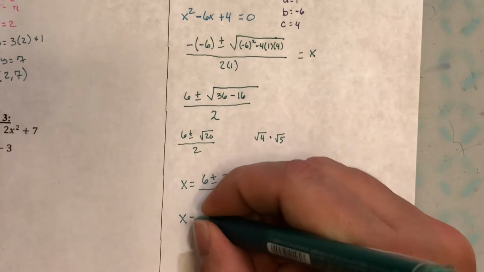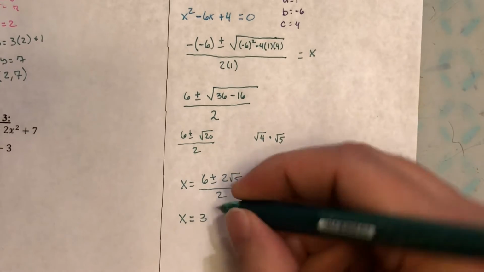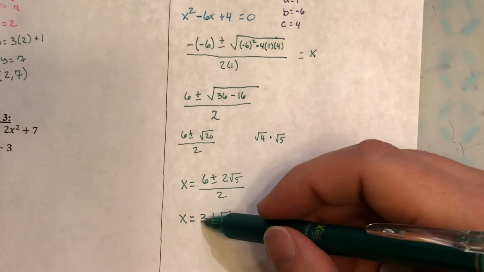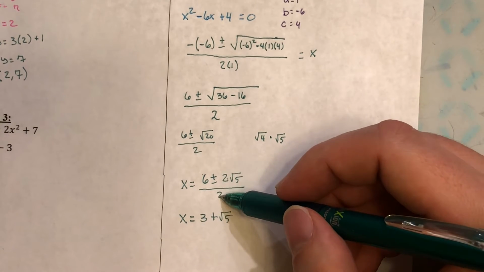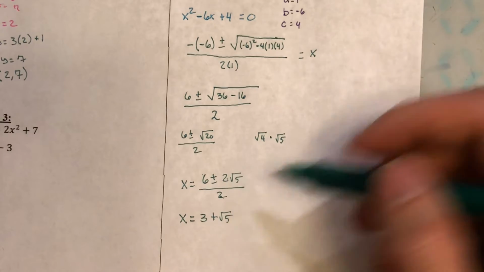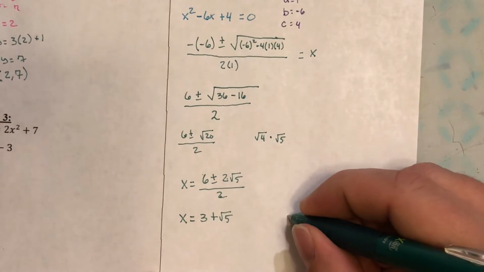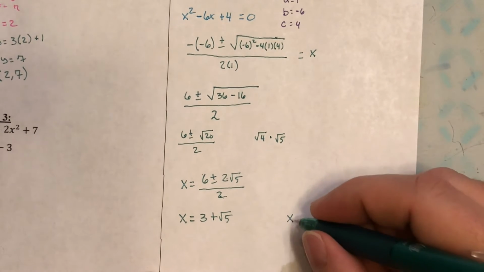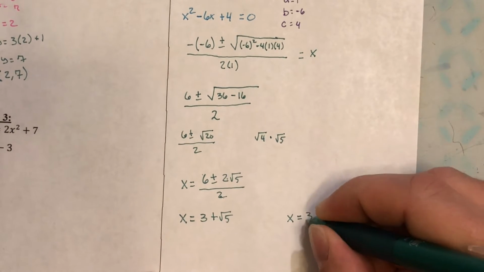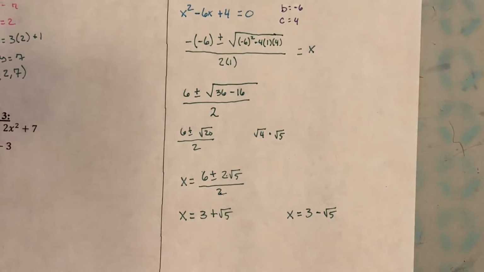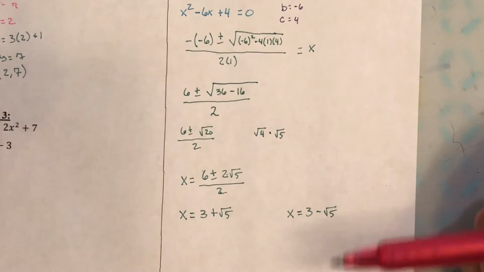So my two x's are going to be x equals 3 plus the square root of 5, because 6 divided by 2 gives me that 3. 2 divided by 2 gives me just the 1 in front of that square root of 5. So we've got x equals 3 plus the square root of 5. And on the flip side, if I do the or minus, it's x equals 3 minus the square root of 5.